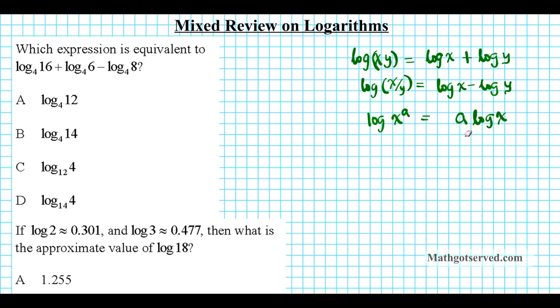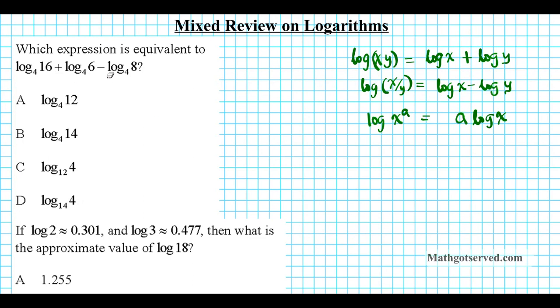Now let's take a look at the first example. The first example says which expression is equivalent to log 16 base 4 plus log 6 base 4 minus log 8 base 4. So what we're going to do is condense this logarithmic expression.